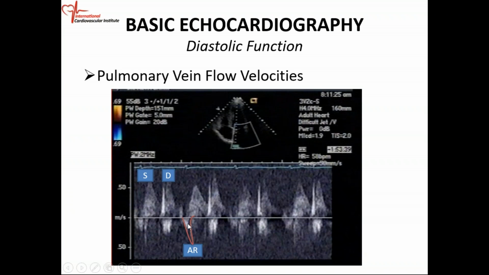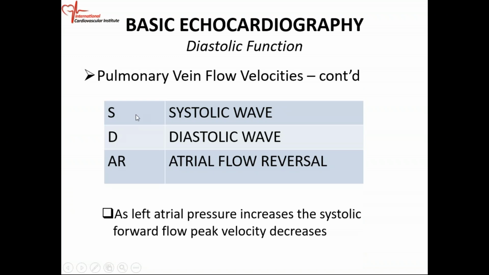The atrial flow reversal is below the baseline. All right. Again, we talk about the pulmonary vein velocities. All of these things are pulse wave Doppler assessment. The S means systolic wave, then the diastolic wave, and the atrial flow reversal.